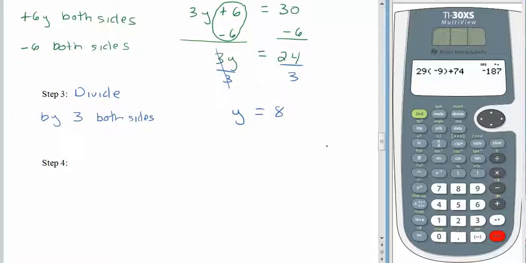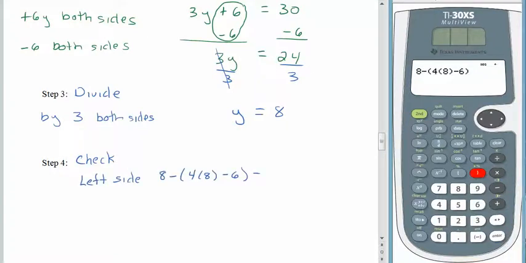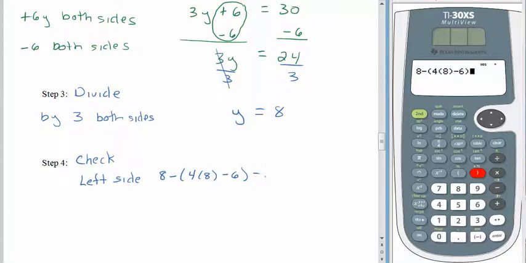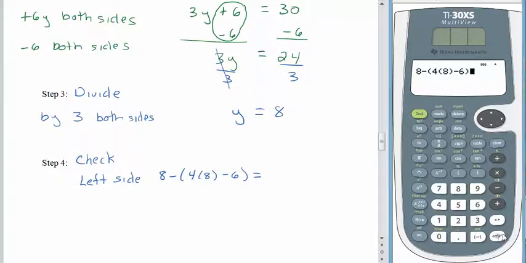Last thing, of course, we need to do is to check. So pause the recording, check both sides. Check the left side, check the right side, and then come back and see how your work compares to mine. Your work for the left side should look like this. On your calculator, it should type the same way that you wrote it, and we end up with negative 18.